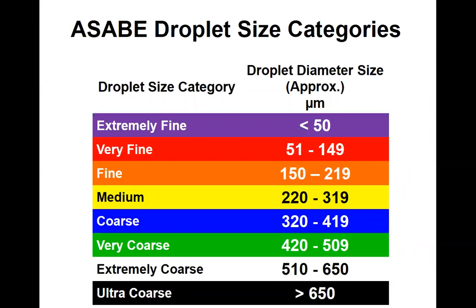Now, internationally, we categorize the droplet size by the micrometer of diameter. So for extremely fine droplets, we're talking about a diameter smaller than 50 micrometers. And that goes all the way up to ultra coarse droplets, which are droplets over 650 micrometers in diameter.